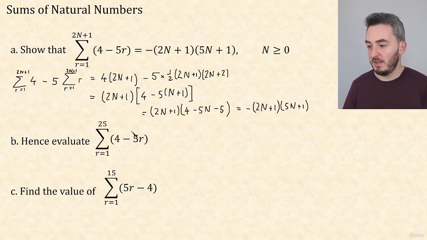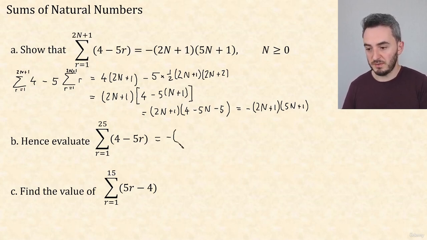Okay, hence evaluate this. So what's the connection between this and this? Well, the connection is that 25 is equal to 2n plus 1 when n is 12, because 2 times 12 plus 1 is 25. So all we need to do is sub our 12 into this number here.